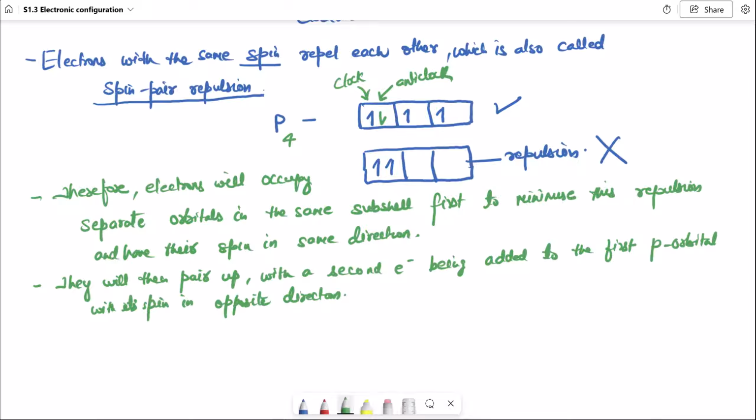And this is called Hund's rule. So according to Hund's rule, what we have to do?